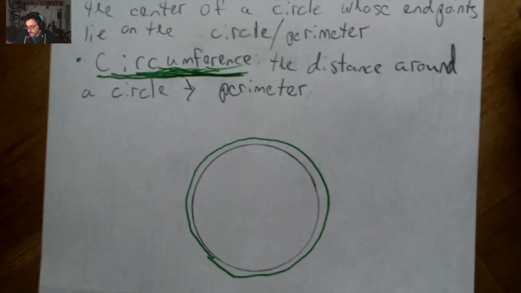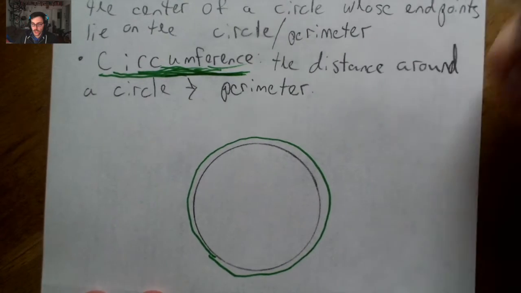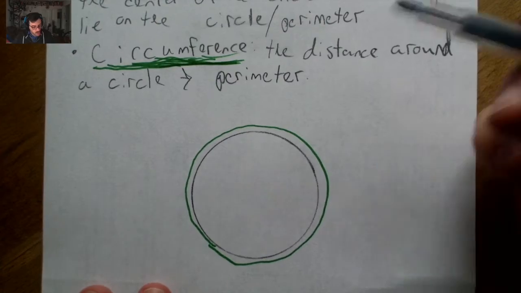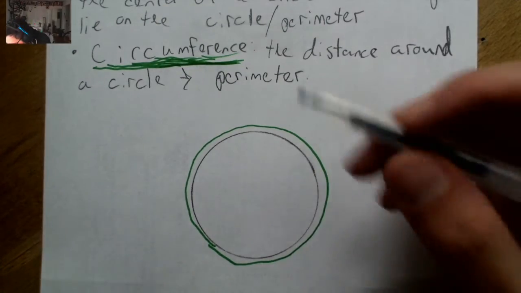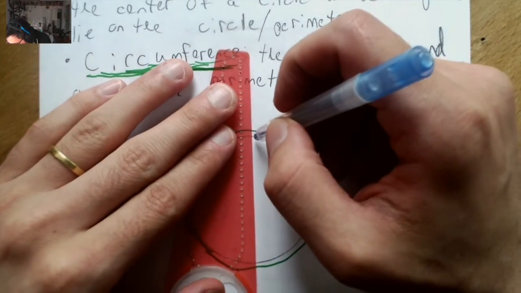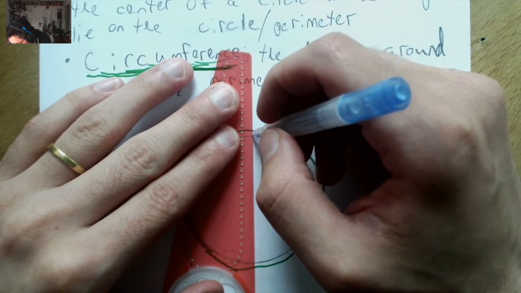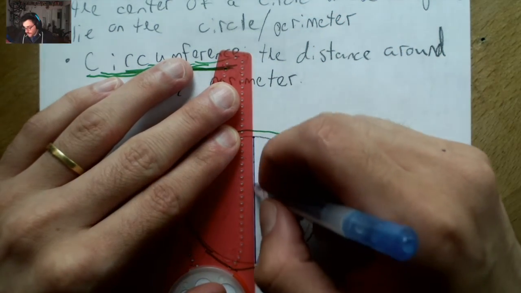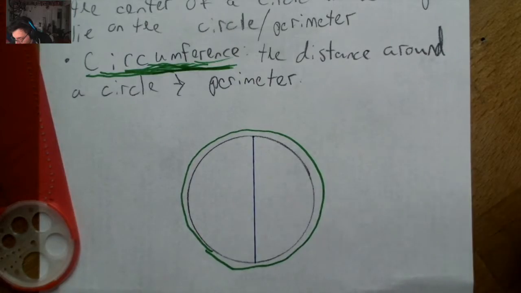It's pretty impressive. All right, so next up we're going to do is our diameter. Our diameter, as we mentioned, goes through basically our center point. Going to be our diameter.